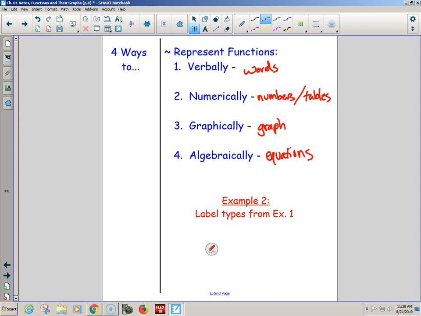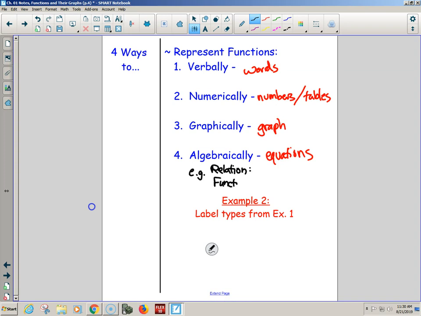And so example number 2 says, let's go back and talk about the example we just did, but we just did that. The one way that we didn't talk about, is it a function or is it not, is algebraically, but I just gave you an example. So let's write it down in our notes really quickly. What would be a relation, not a function? Relation's the best way to characterize it.